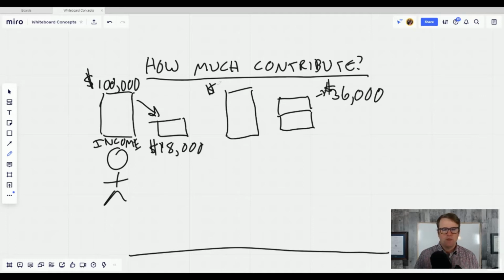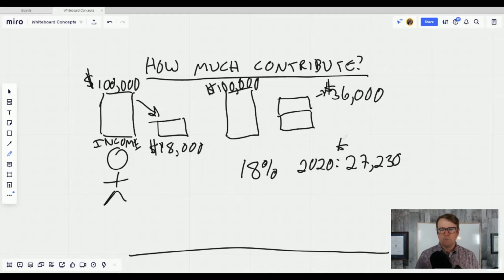Now, what you need to know about that is, there is a maximum amount you can put in. So it's 18% of your salary, and the maximum amount right now, in this year of 2020, if you're watching this in 2020, 2021 will be a little bit different, is $27,230. So someone has to make in the neighborhood of $150,000.